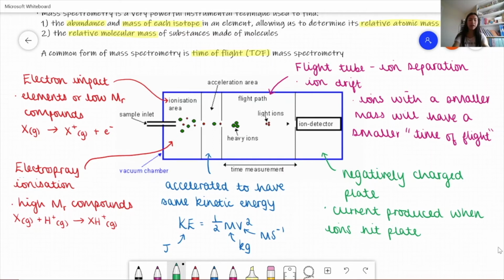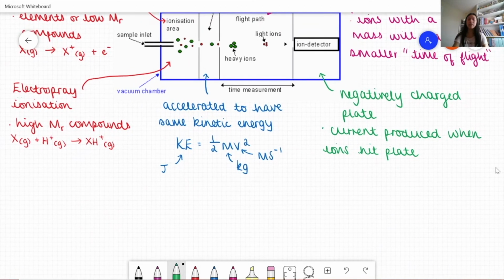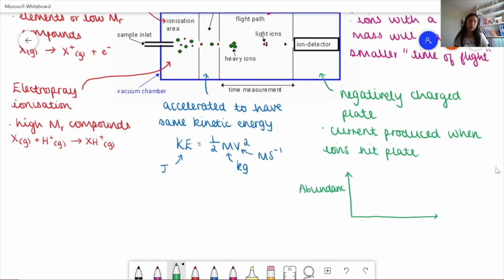So what we have is a mass spectrum, which we're going to look a bit further into a little bit later. But it'll look like this. So we'll have the abundance on the y-axis. So this is how much we have of each mass. And then what we have on the x-axis is something which we call the m/z ratio.